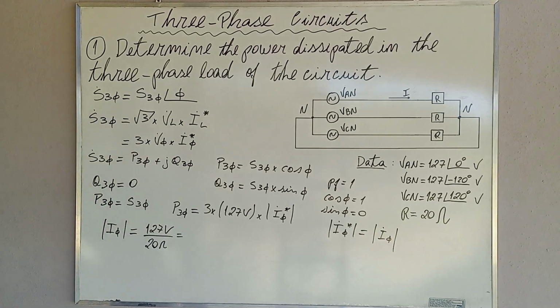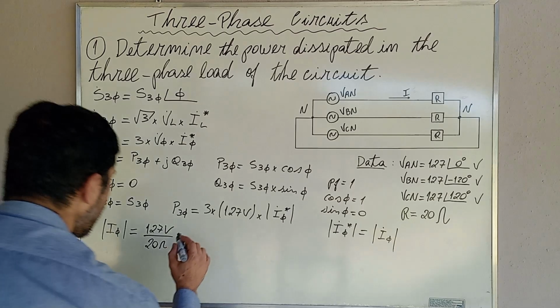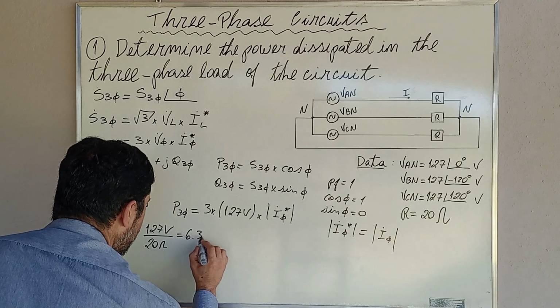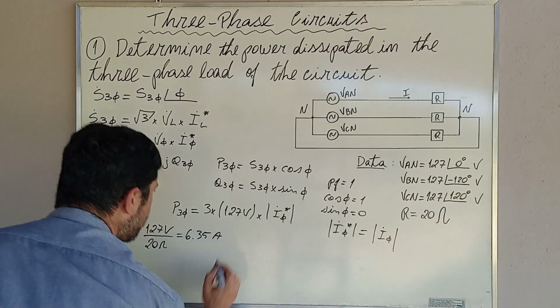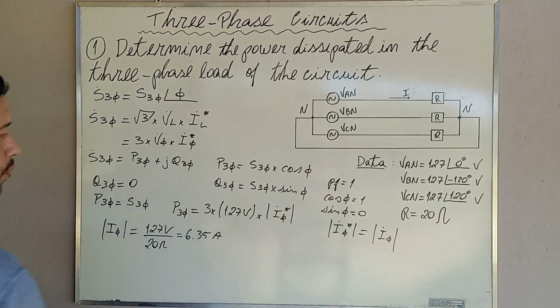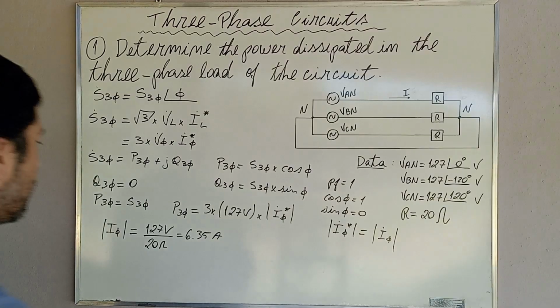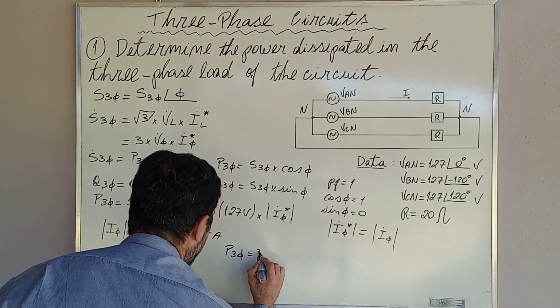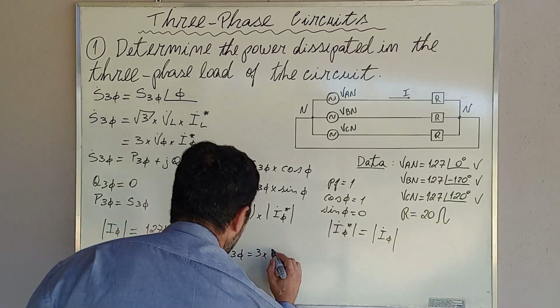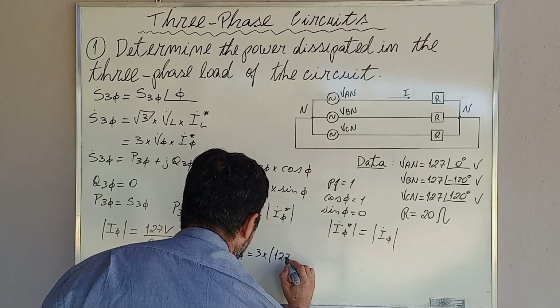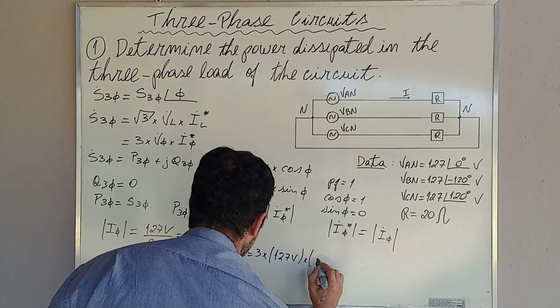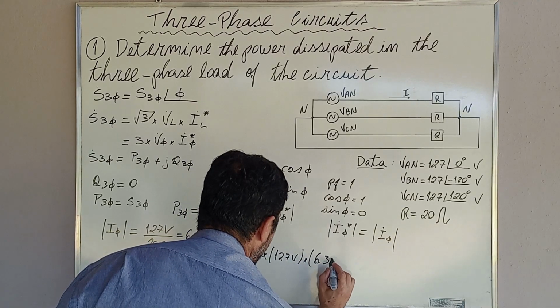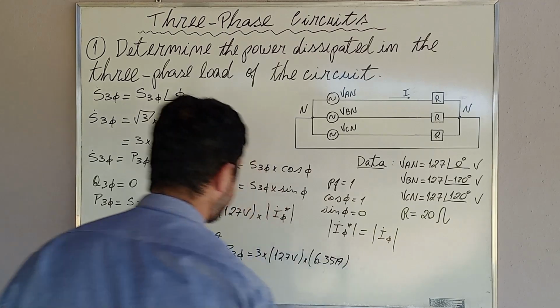And this is equal to 6.35 amps. And now, using this expression here, we can find the active power. P three-phase is equal to 3 times 127 volts times 6.35 amps.